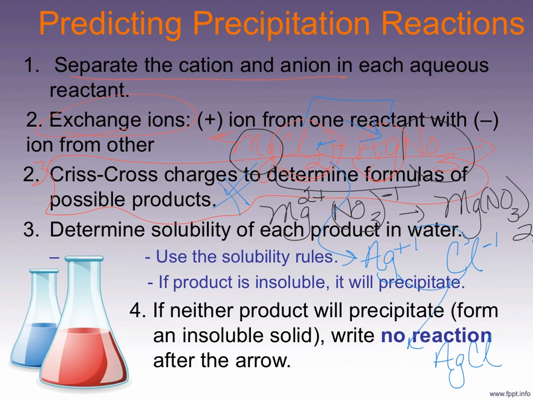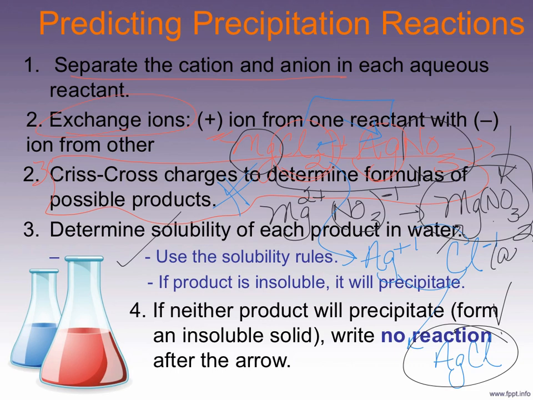All right, once you have written out the potential products, and they're magnesium nitrate and silver chloride, you have to refer to the solubility rules. Remember, in order for this reaction to occur, at least one of these products has to be insoluble or precipitate. So let's look at the two I have here. Magnesium nitrate, is it soluble?